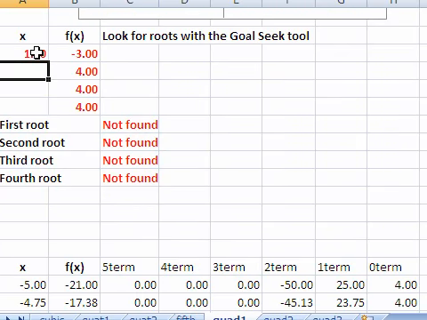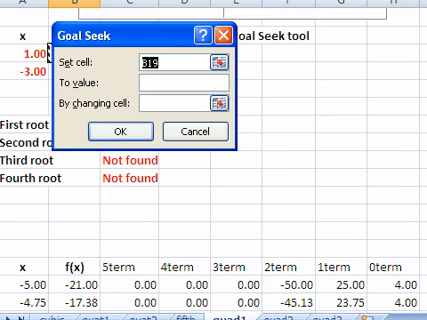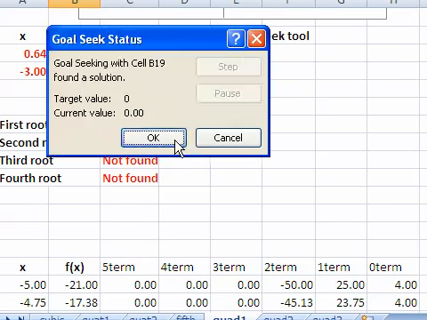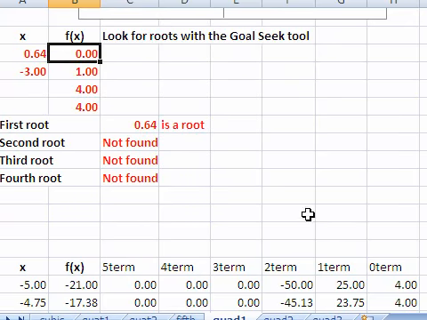1 and -3. They are not roots. We're going to have to use goal seek to find them. Set f of x to 0 by changing x. Okay, 0.64 is a root. Now let's see what the root is that's near -3.